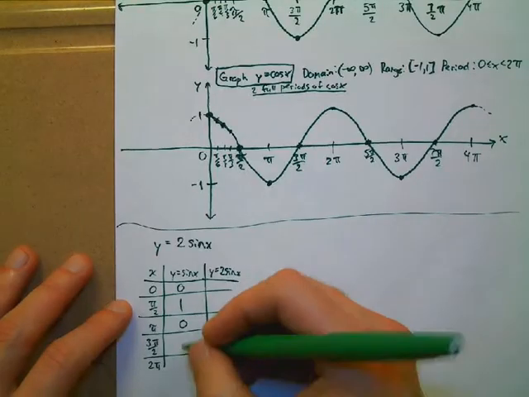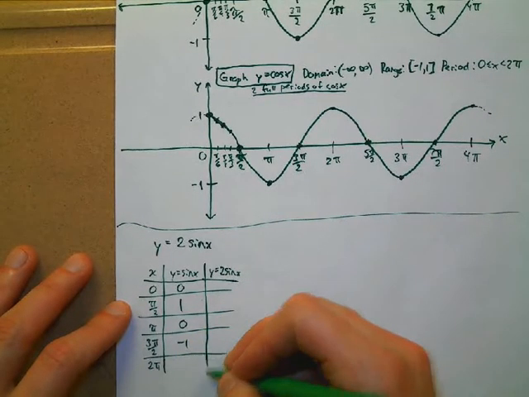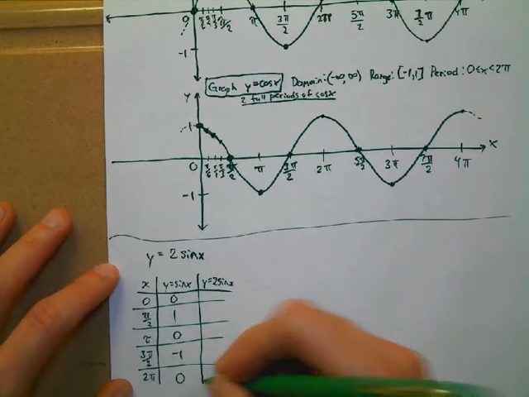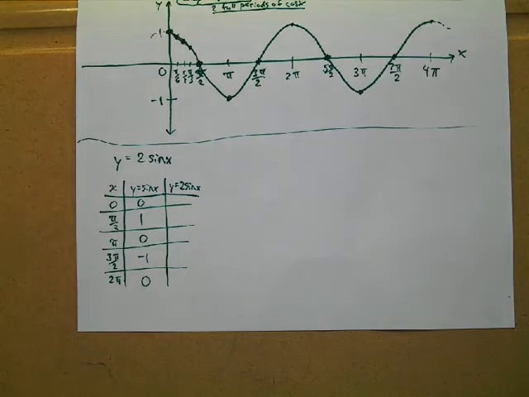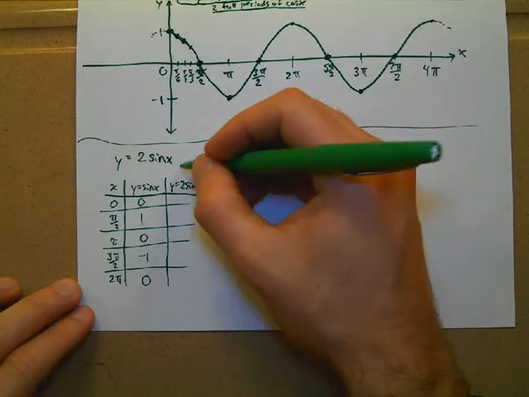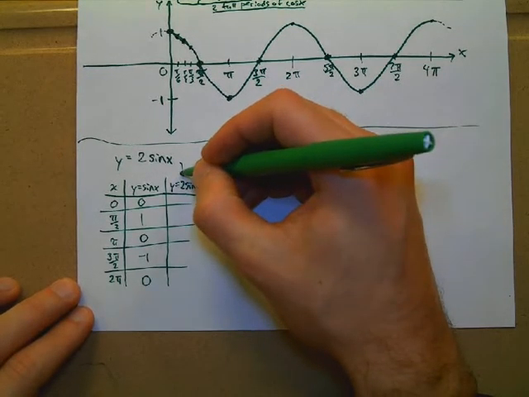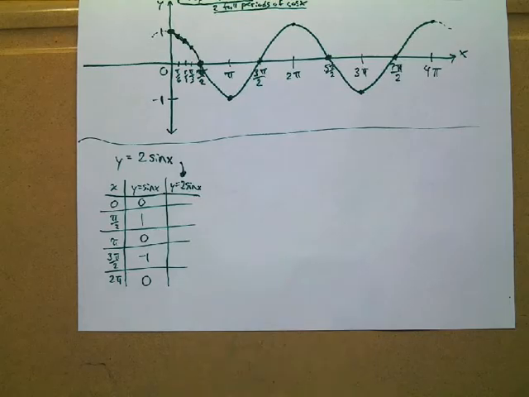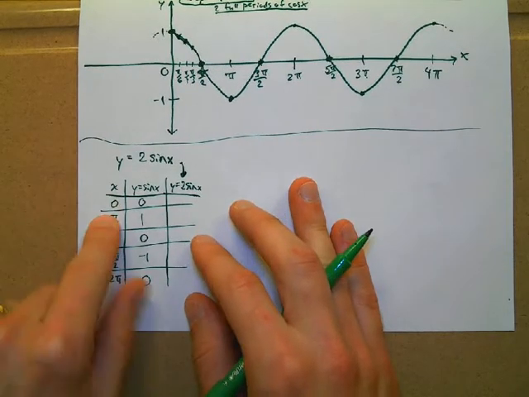Well, there's 2 sine of x right there, right? So if x is 0 and y equals sine of 0 was 0, what will twice sine of that x be then? What's it going to be? Well, it's 2 times 0. So it's just 0. Okay?